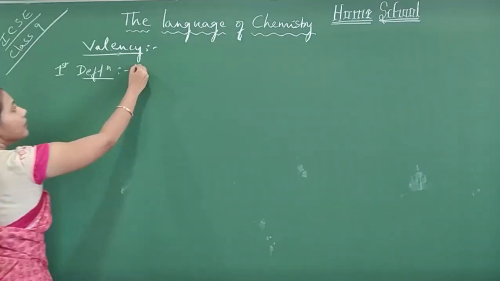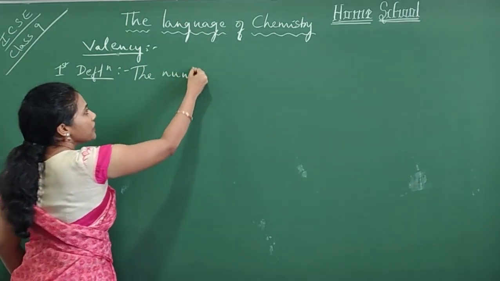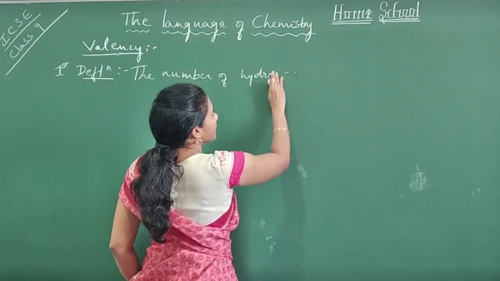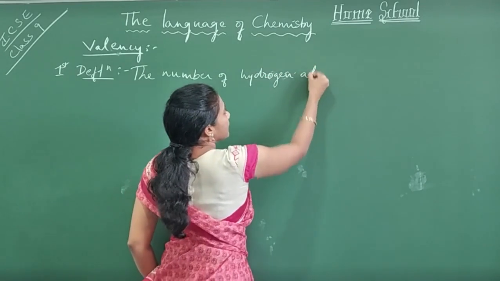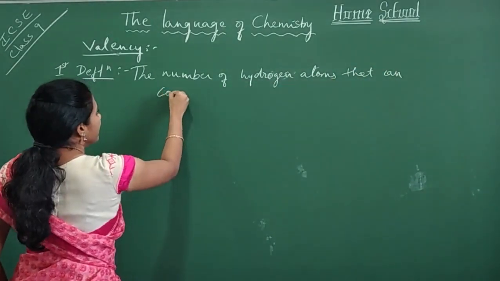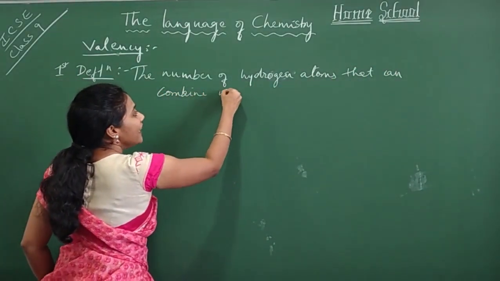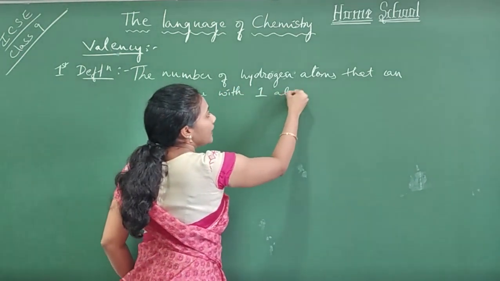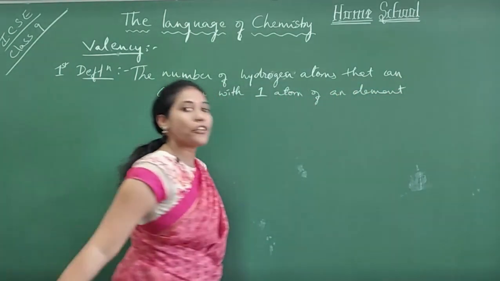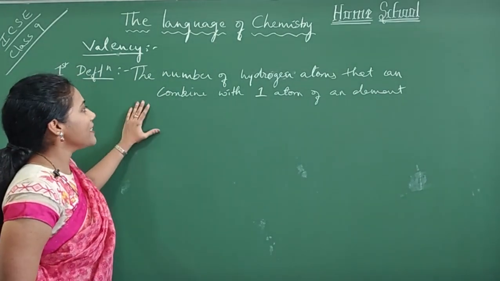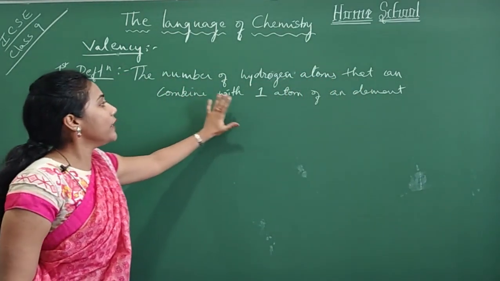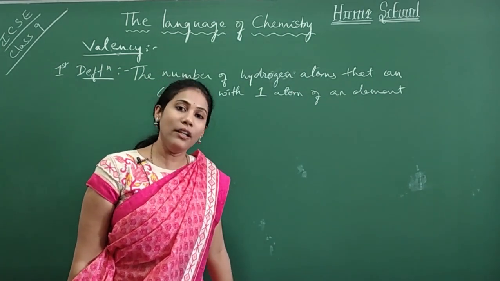The first definition: the number of hydrogen atoms that can combine with one atom of an element is called valency. Try to understand the definition here.